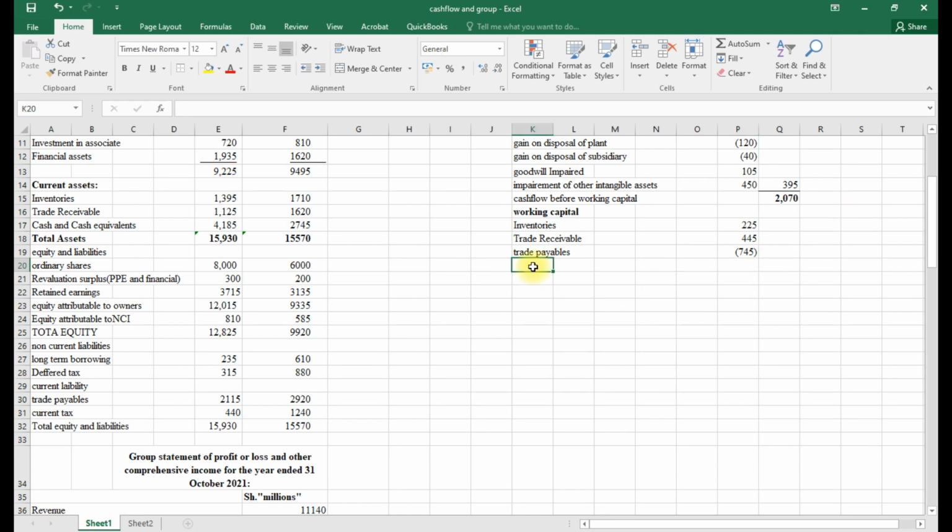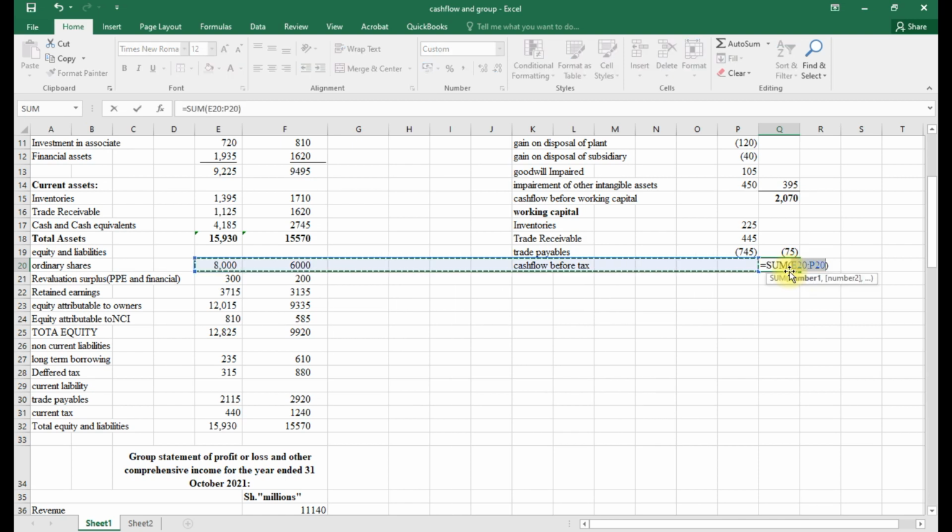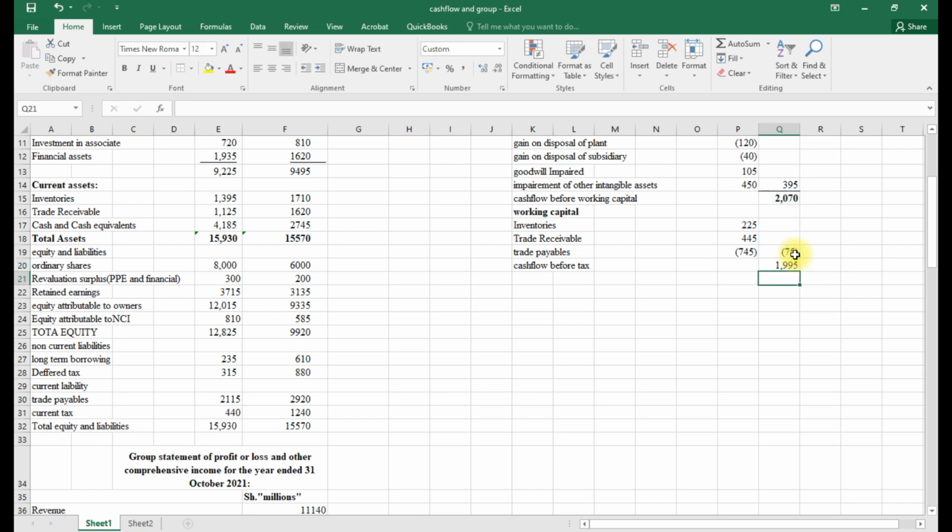Then the cash flow before tax. So here you put alt equals, so here I'll extend, I'll just capture that and I enter, and again here alt equals, so these two, and I enter.